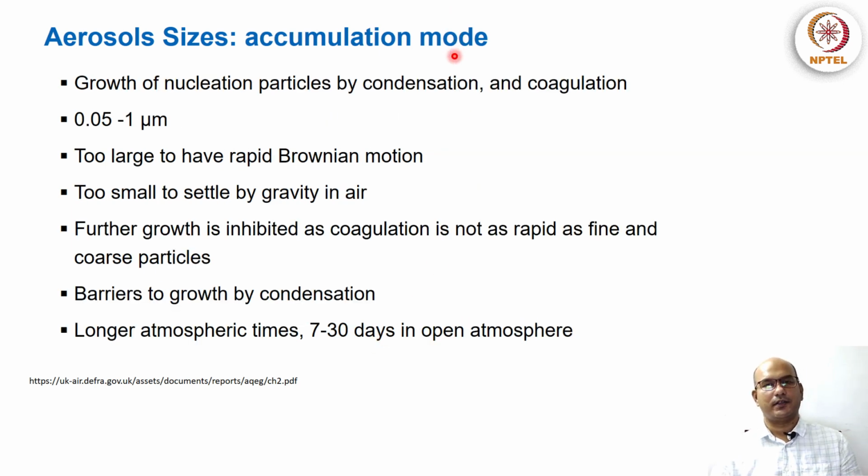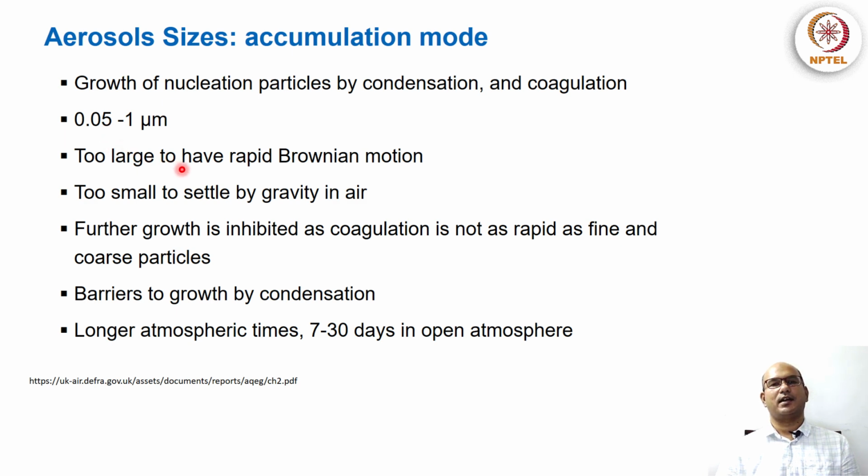After our nucleation mode, we will have accumulation modes. So after the growth of nucleation particles by condensation and coagulation, our accumulation mode particles will be formed, typically less than 1 micrometer and more than the nucleation mode sizes. So here we have written approximately between 0.05 to 1, or 0.1 to 1.